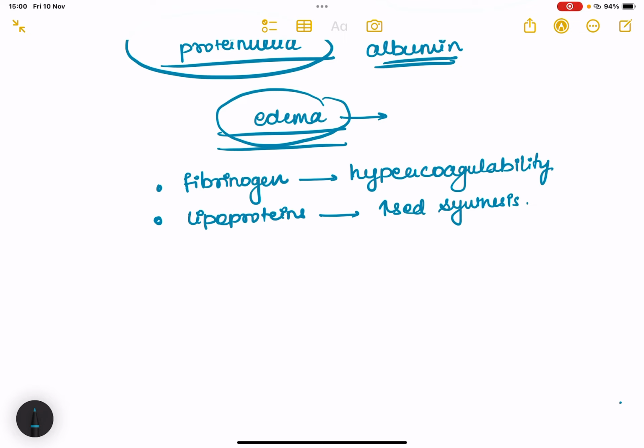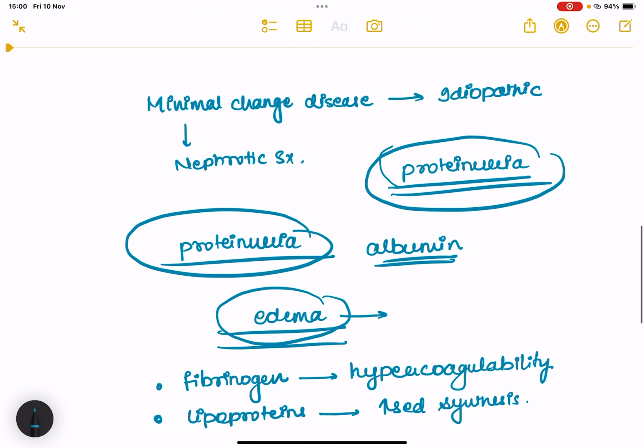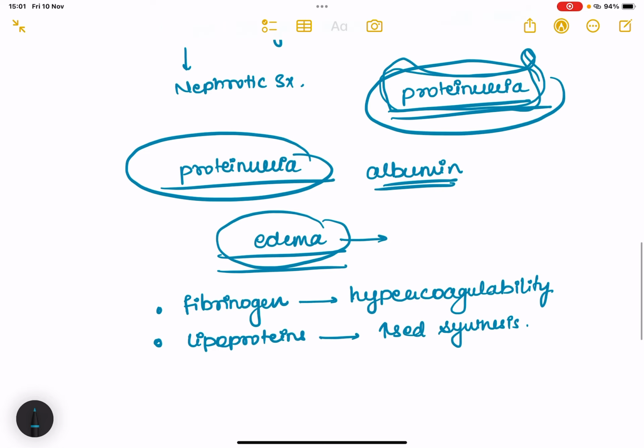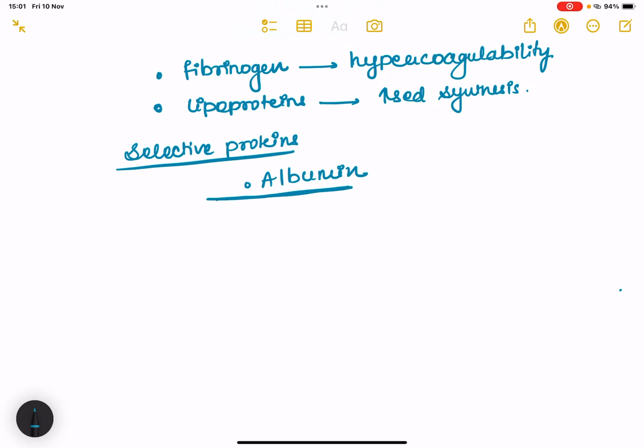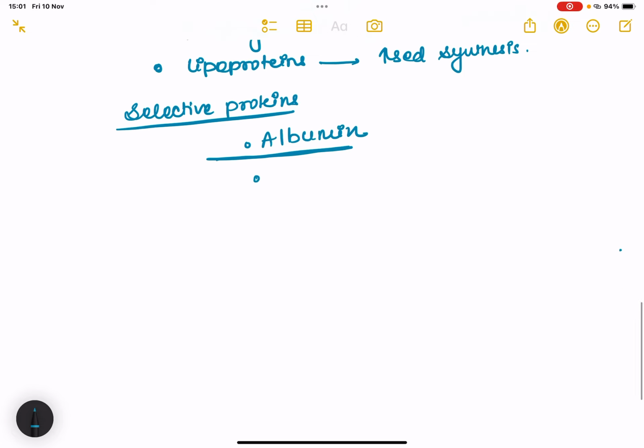Next, there is proteinuria because selective proteins are excreted out. What are these selective proteins? First of all and most important is albumin. The largest proportion of albumin is lost in nephrotic syndrome. Next is transferrin.